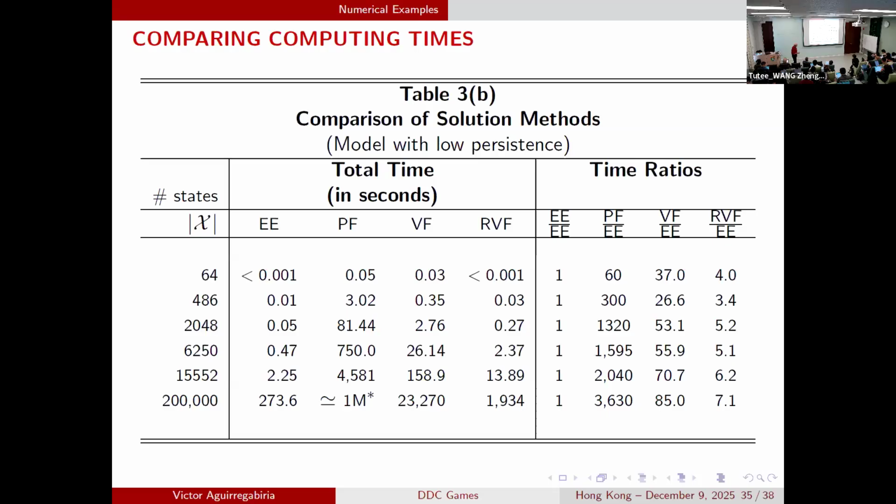You can see that for 200,000 states, that is relatively modest for some applications, the cost of policy function iteration is more than 3,000 times the cost of Euler equation. But you can see also that value function iteration and relative value function iteration also imply large costs. And this is for the low persistence. This is the best case scenario for the relative value function.